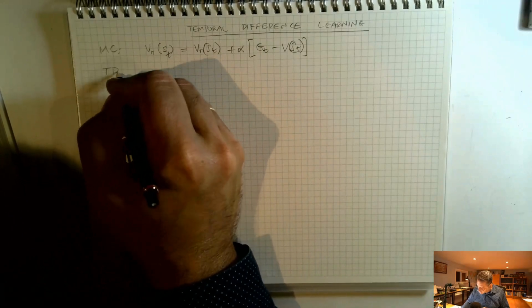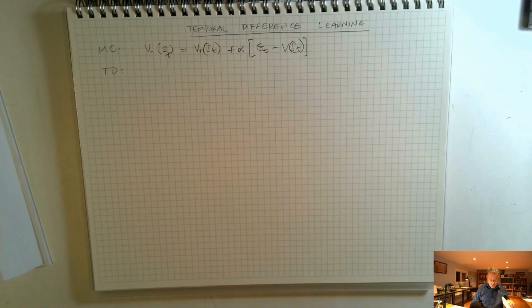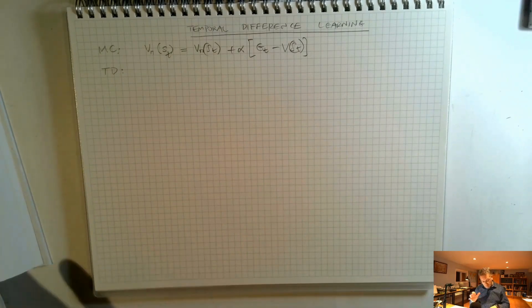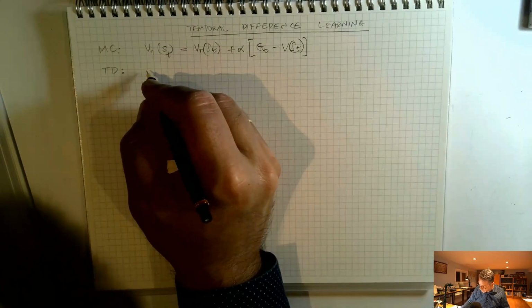In the temporal difference, what we actually do is we have another approach, and what it turns out to be an advantage is that we don't have to wait until the episode completes.